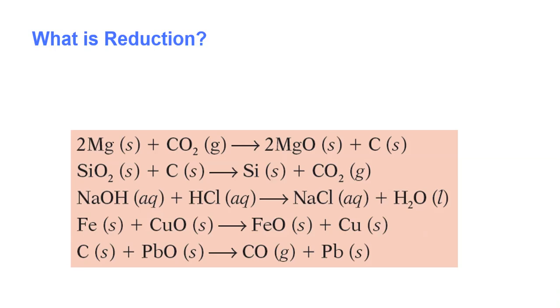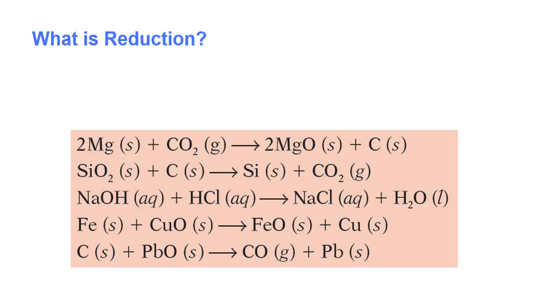Third example, sodium hydroxide reacts with hydrochloric acid to produce sodium chloride and water. Here, sodium hydroxide lost oxygen to form sodium chloride. In the fourth example, iron reacts with copper oxide to produce iron oxide and copper.